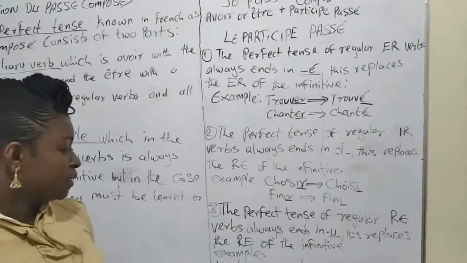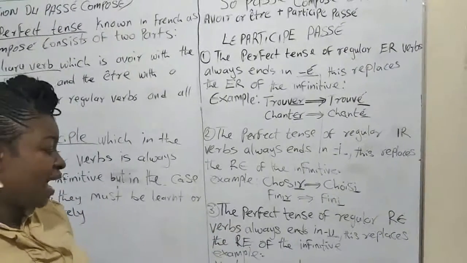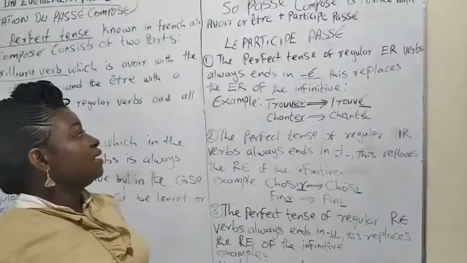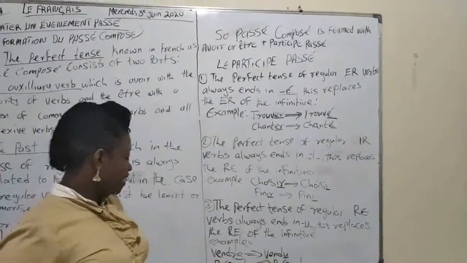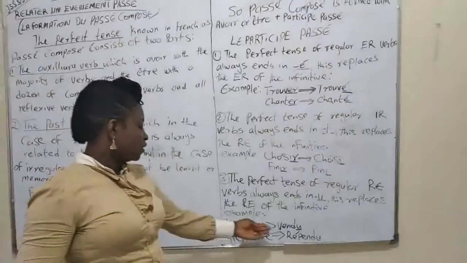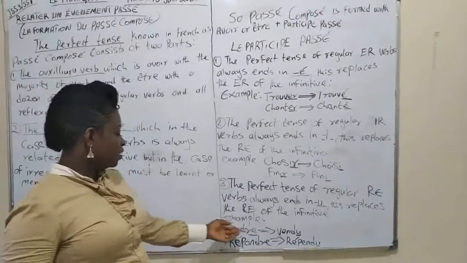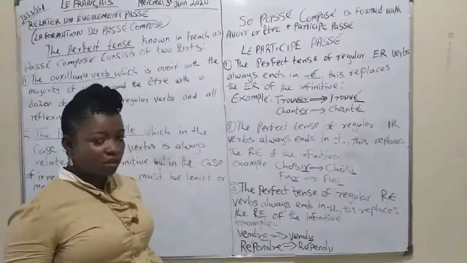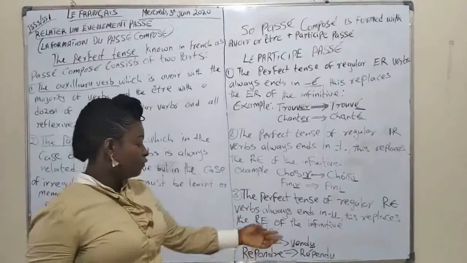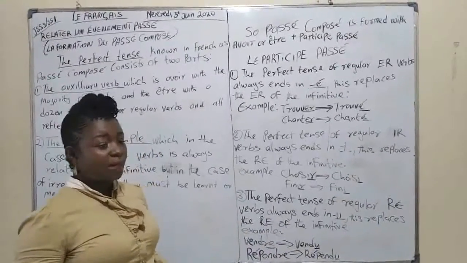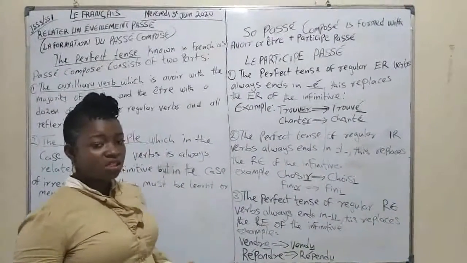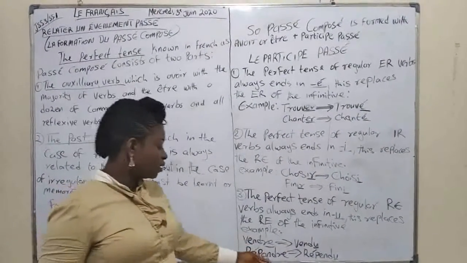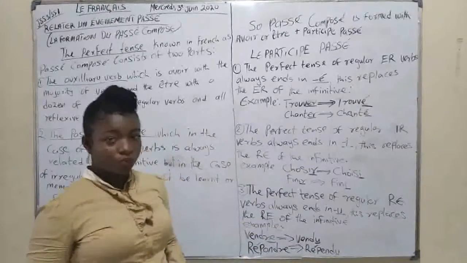Now, for the RE verbs, we have U as the participe passé. And we also have an example here, vendre and vendu. So, j'ai vendu. Vendre is the full verb, vendu is now the participe passé, ending with U.